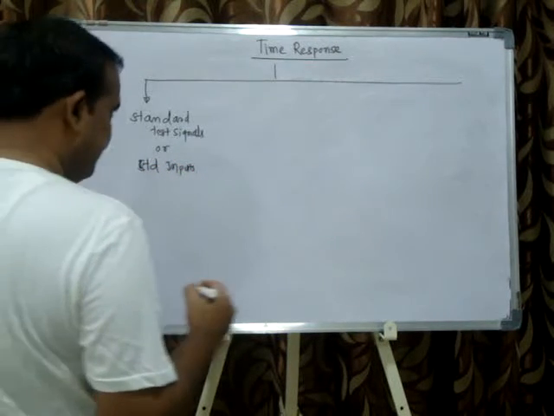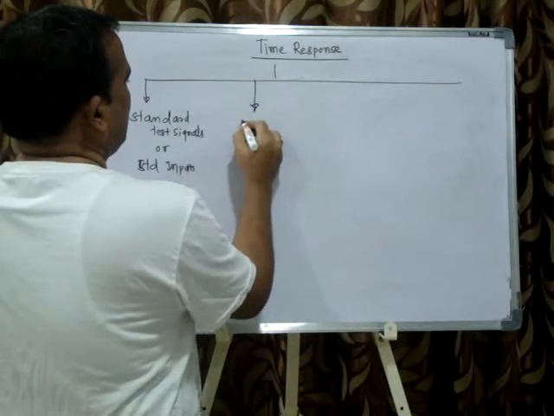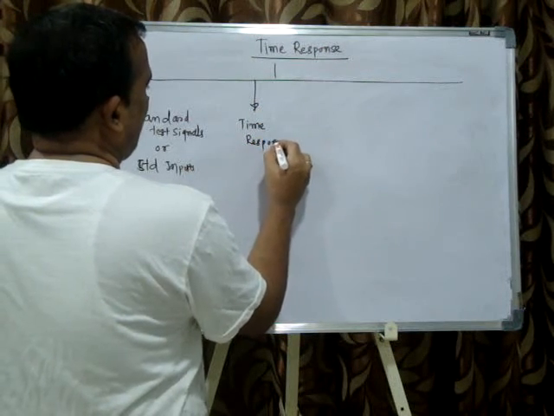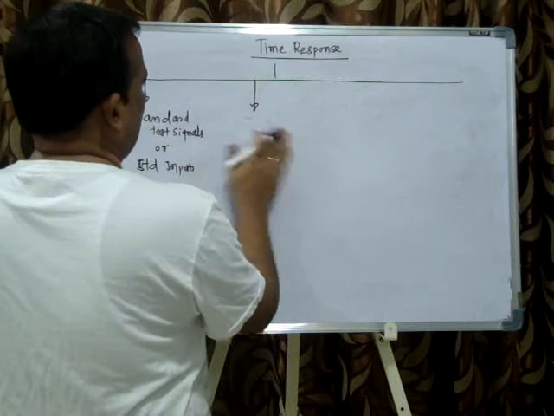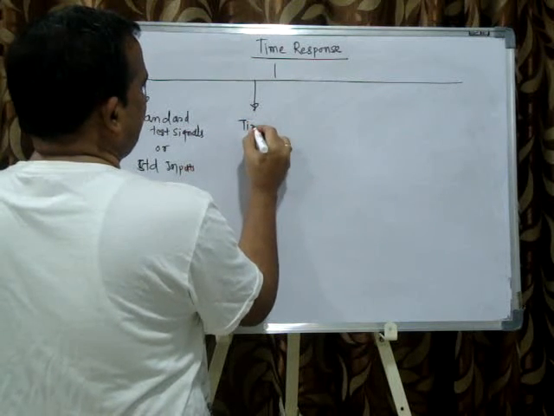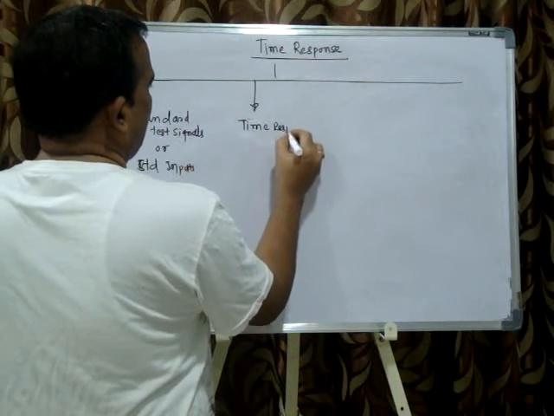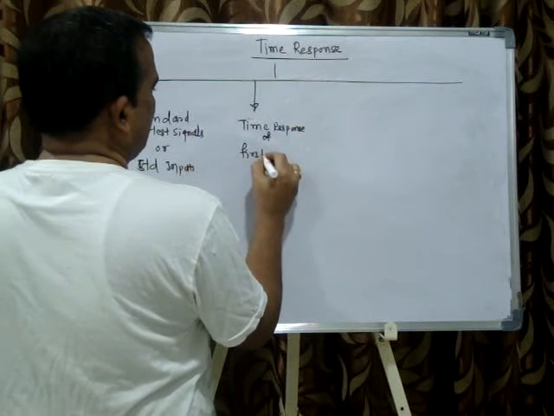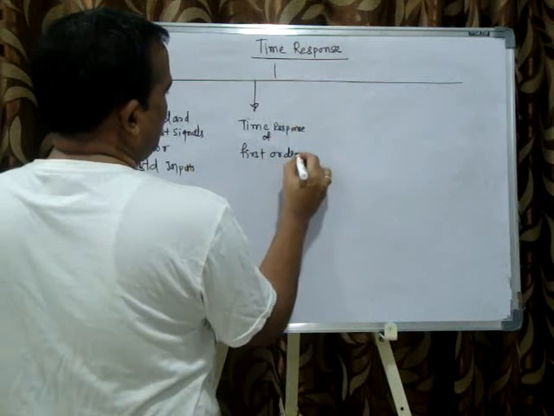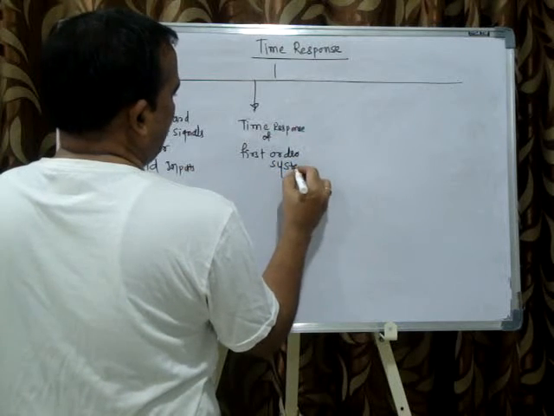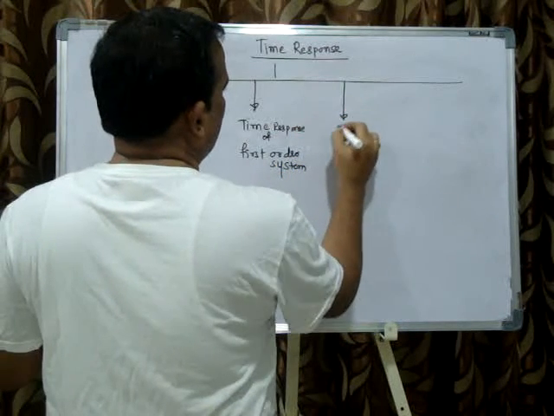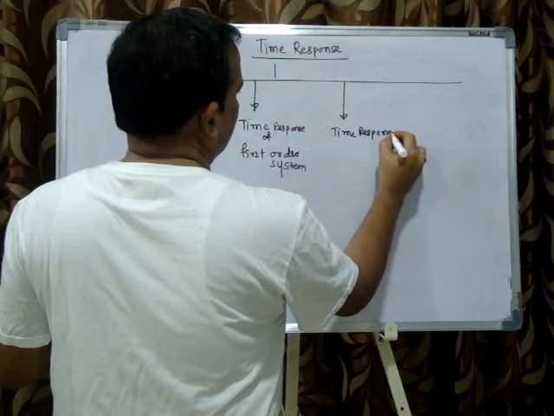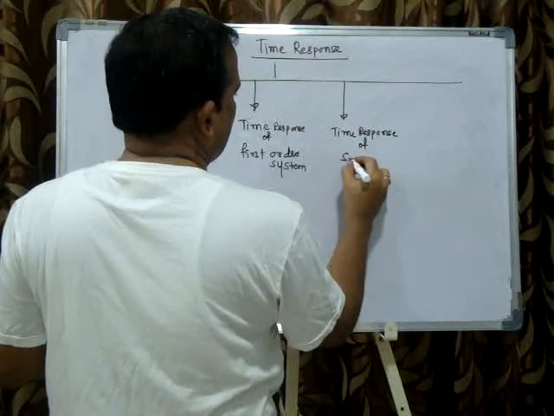Second one is called time response of first order system. Third, time response of second order system.